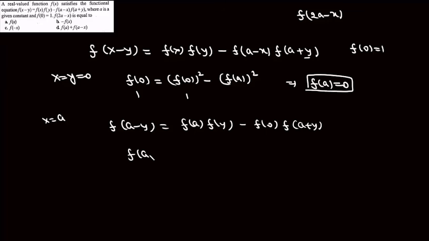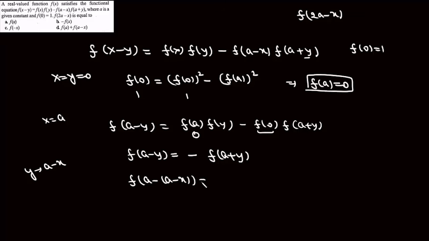So we can write f(a minus y) will be equal to minus f(a plus y). Now we need f(2a minus x). So we'll replace y with a minus x. So it will be f(a minus (a minus x)) is minus f(a plus (a minus x)), which is 2a minus x. So from here a and a will cancel. So we'll get f(2a minus x) equals minus f(x), and that's your option B.